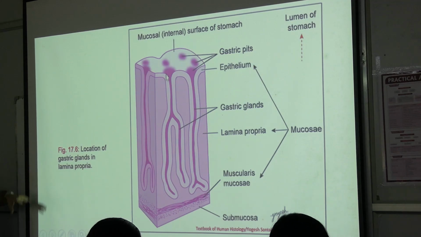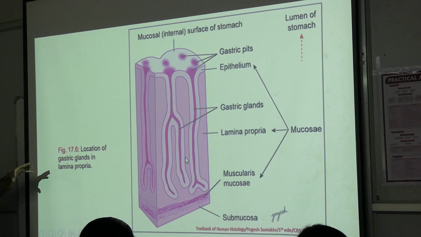You can see it is a simple tubular kind of gland. That means it is a single canal, and it may be branched like this, which is uncomplicated. Two branches unite into a single branch, which exits out. This is how the gland looks, starting from the lamina propria layer and ending at the muscularis mucosae, and then we have the submucous layer.